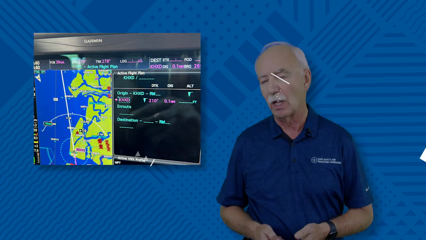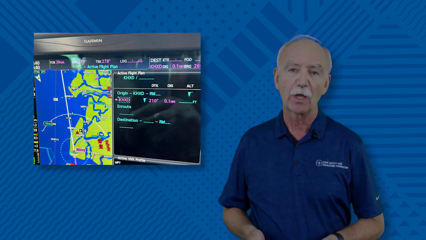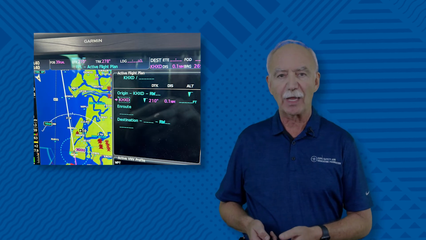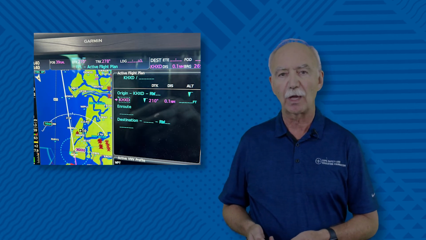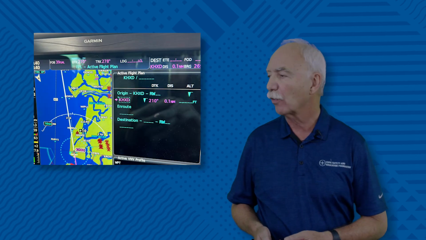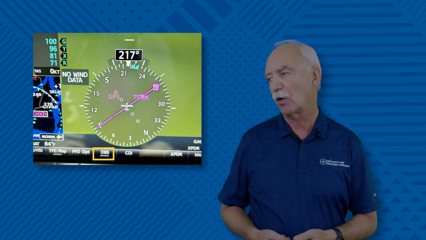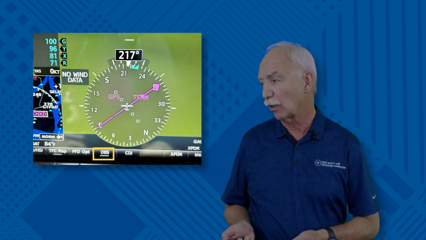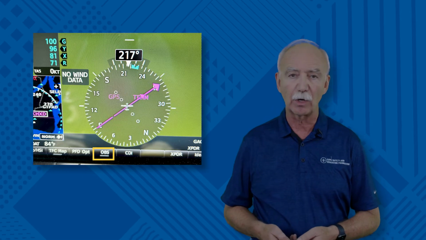So for example, if we're dealing with runway 21 at a particular airport, you could use that airport, put it in OBS mode, then set the 21 degree course to that particular place. And it would look something like this. If we're using Hilton Head Airport now, as a guidance to that. And now we're going to the airport, so the magenta line is leading us right down the final approach path to the runway.